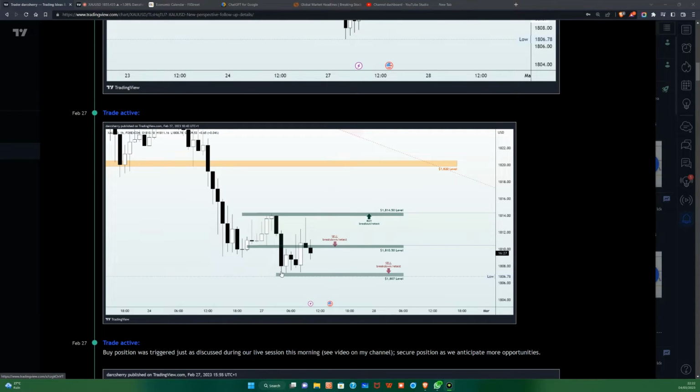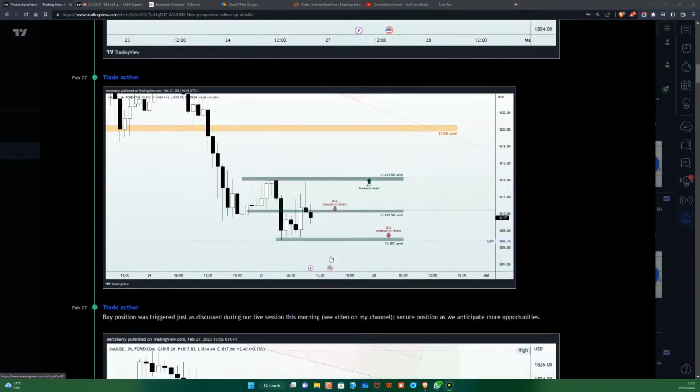So we had to position ourselves to catch this move if price action either breaks out of the $1,814 level to buy the XAUUSD or breaks down the 1,807 to sell the XAUUSD. And let's see what happened afterwards.